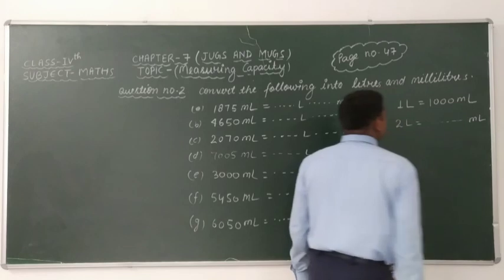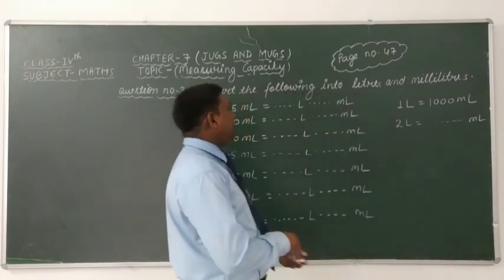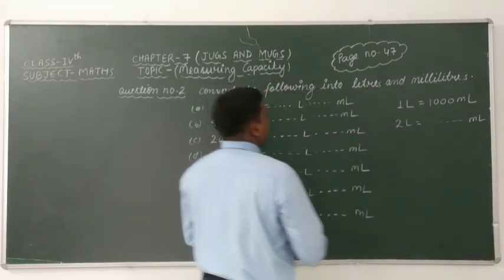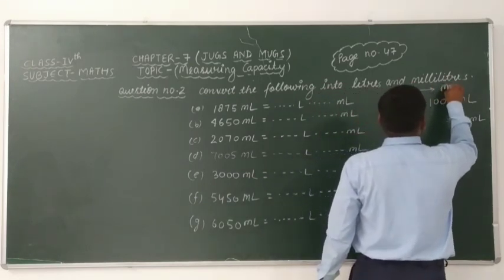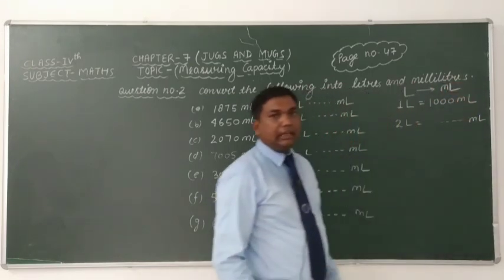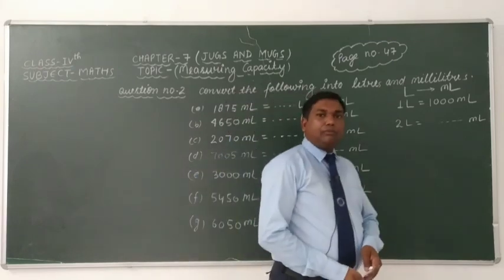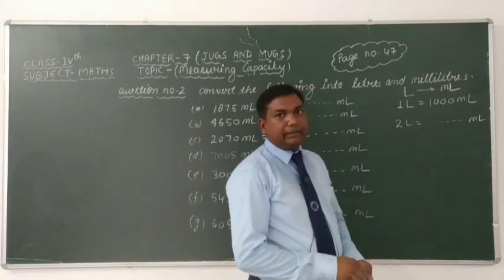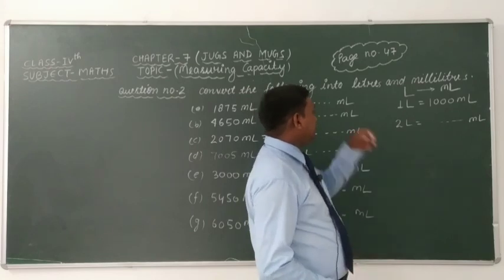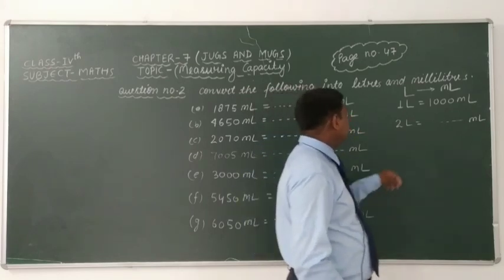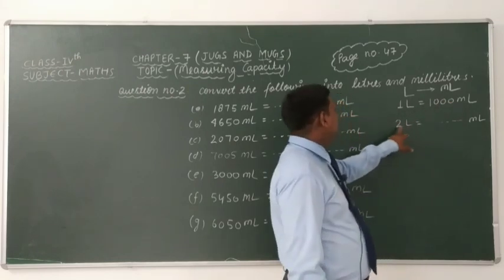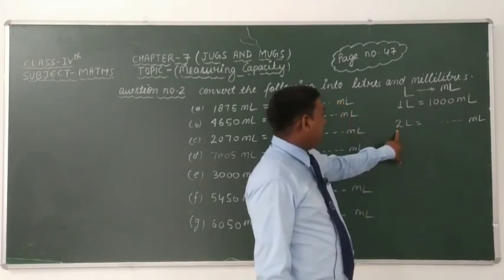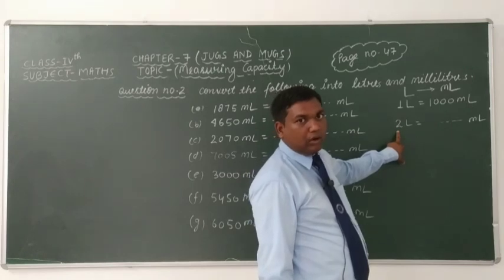Look at here carefully. Dear students, if we have to convert liter into milliliter, then we have to multiply the number of liters by 1000.